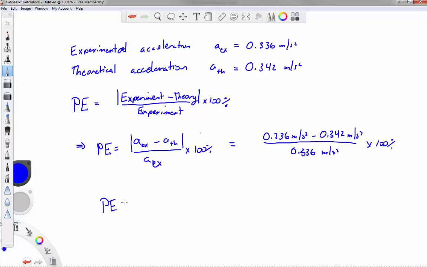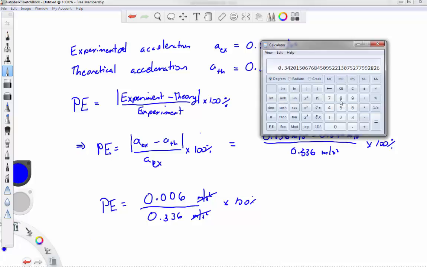So this means that your percent error for this experiment, if you subtract these two from each other and then take an absolute value, becomes 0.006 meters per second squared divided by 0.336 meters per second squared, and then that's times 100%. So the units should always cancel out when doing this, because you're always trying to compare like things.